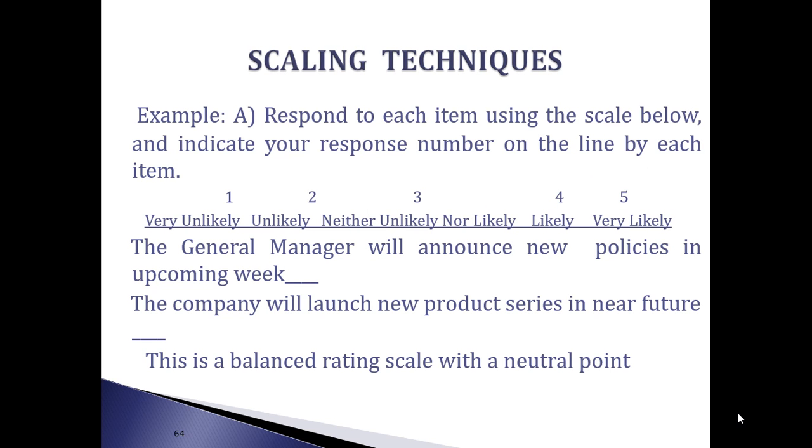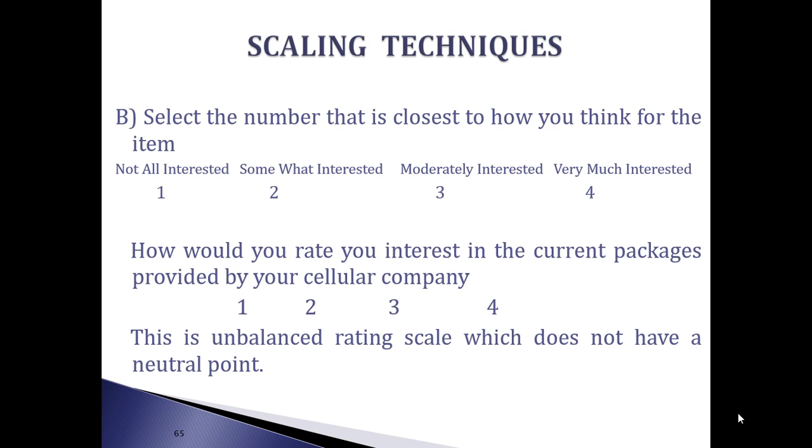For example, the respondents are asked to select any statement using the given scale from very unlikely to very likely to respond to the following items. The general manager will announce new policies in the upcoming week, or the company will launch a new product series in the near future. This is a balanced rating scale with a neutral point.